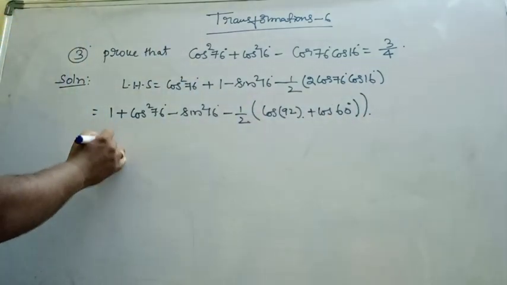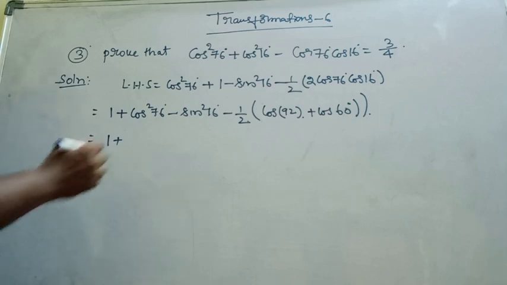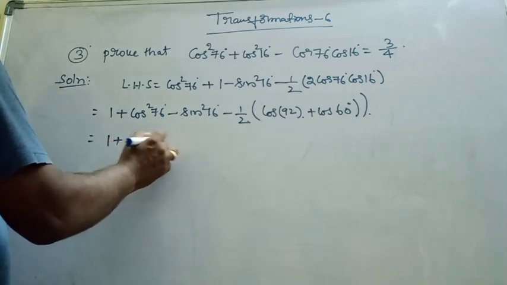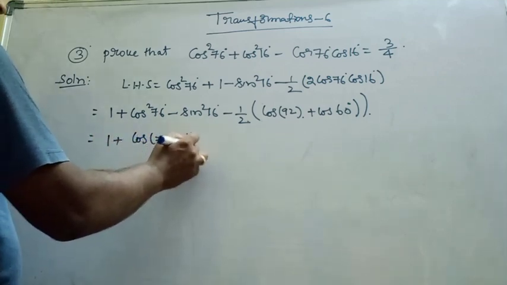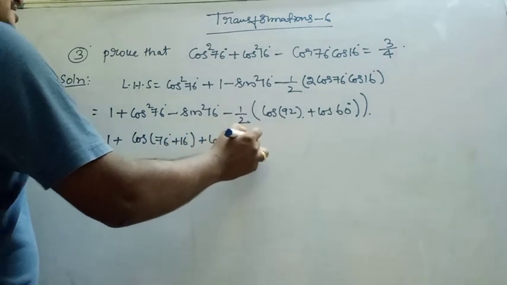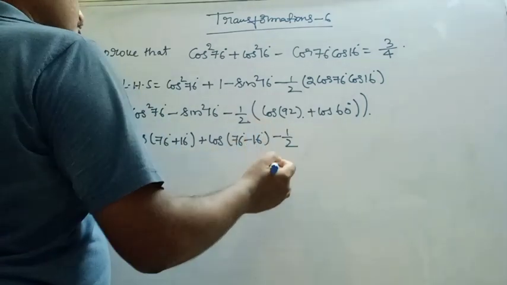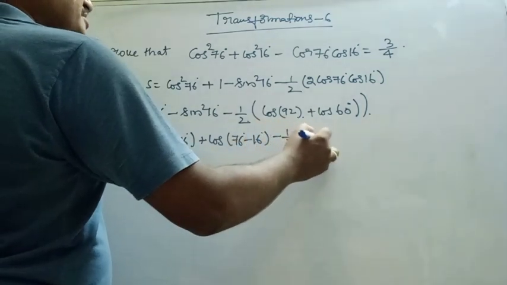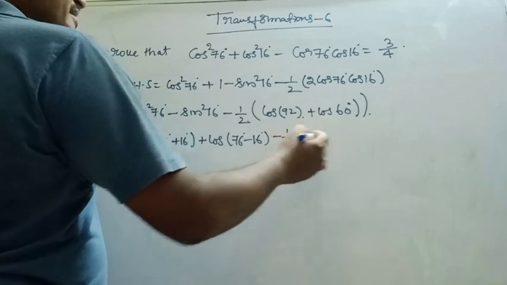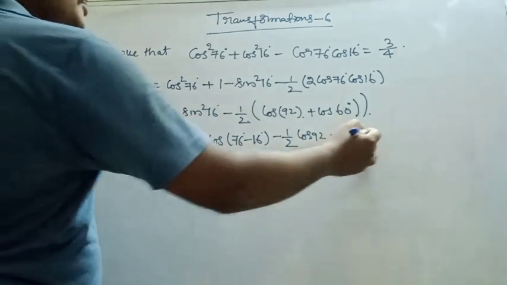This is now 1 plus cos square A minus sin square B. Cos square A minus sin square B is cos A plus B into cos A minus B, that is cos of 76 plus 16 degrees, and 76 minus 16 degrees. Minus 1 by 2 into cos 92 degrees, and minus 1 by 2 into cos 60 degrees, that is 1 by 2.